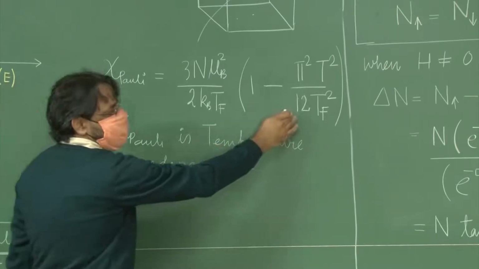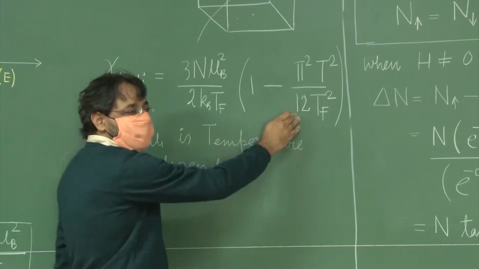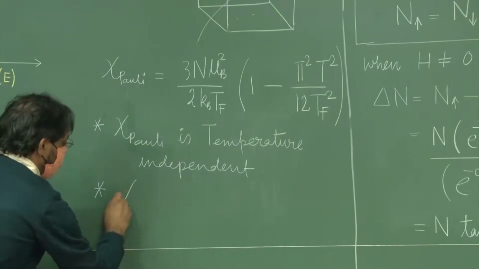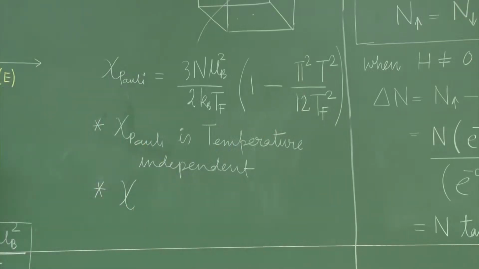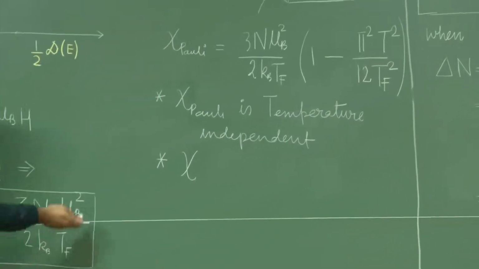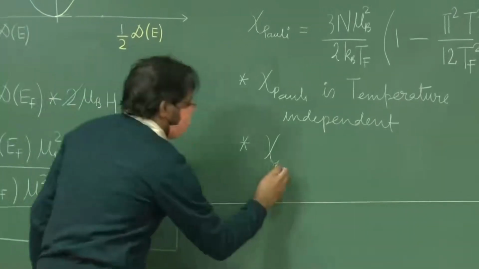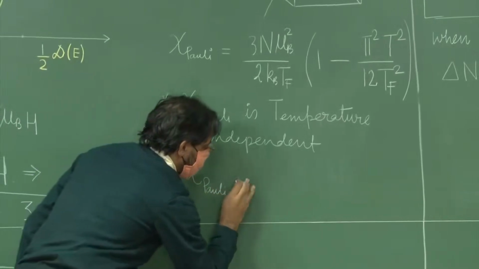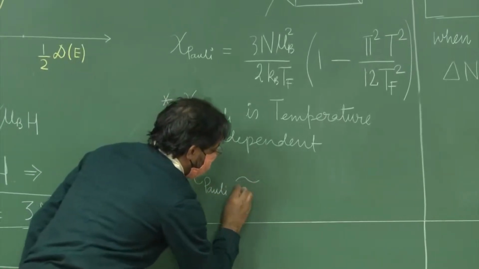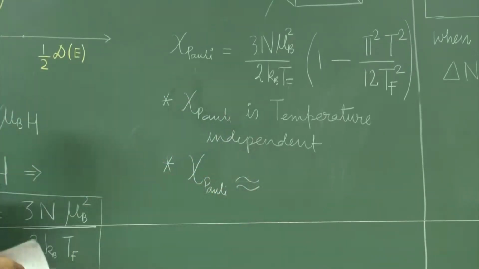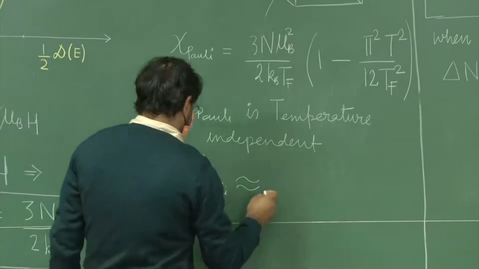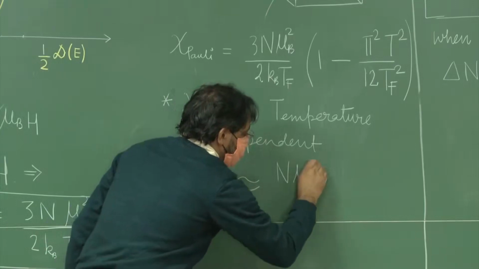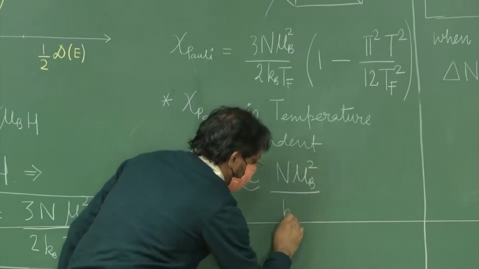If I drop this term, because it is already 1 by 10 to the power 4, then Chi Pauli is essentially what we calculated. This is the prefactor. So Chi Pauli is just this. I can rewrite it as n mu_B square by k_B T.